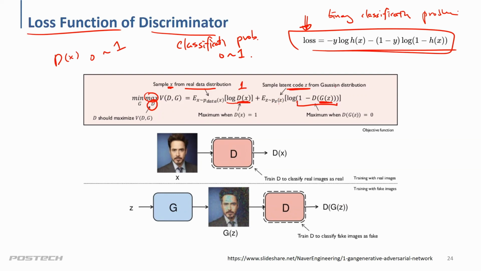So that means to maximize it, this should be 0, right? Because to maximize it. So if it's a generated or fake image, the discriminator should say 0.